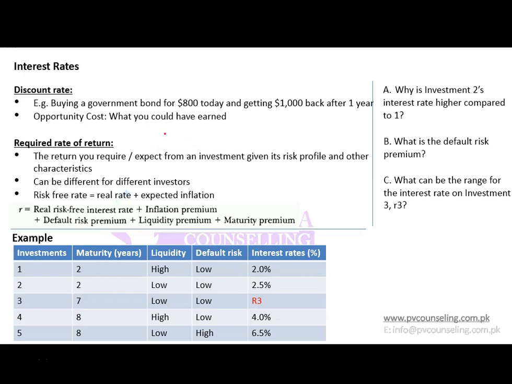Before we discuss the questions or go on to discussing the concept, first let's understand what time value of money is. Let's say you have $100 as of today, and maybe you can buy 10 units of goods A and B from this $100.